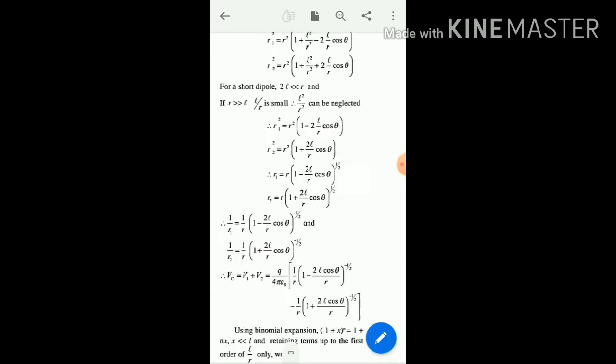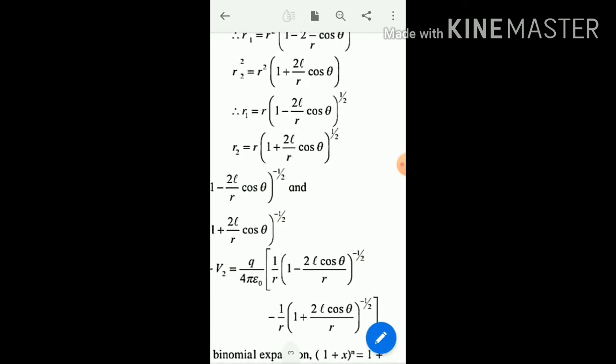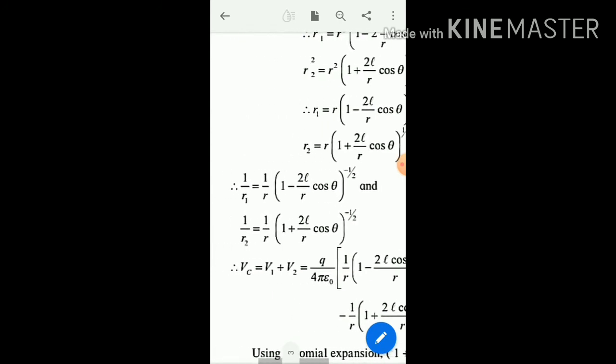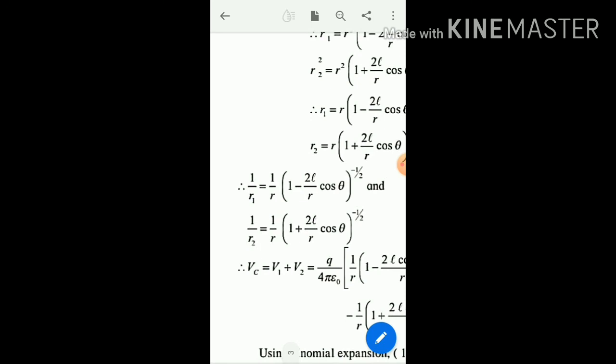So in this way, we can find the values of R1 and R2. Taking the reciprocal of these two values, R1 and R2, we can write 1 upon R1 equal to 1 upon R into bracket 1 minus 2L cos theta upon R raised to minus half.